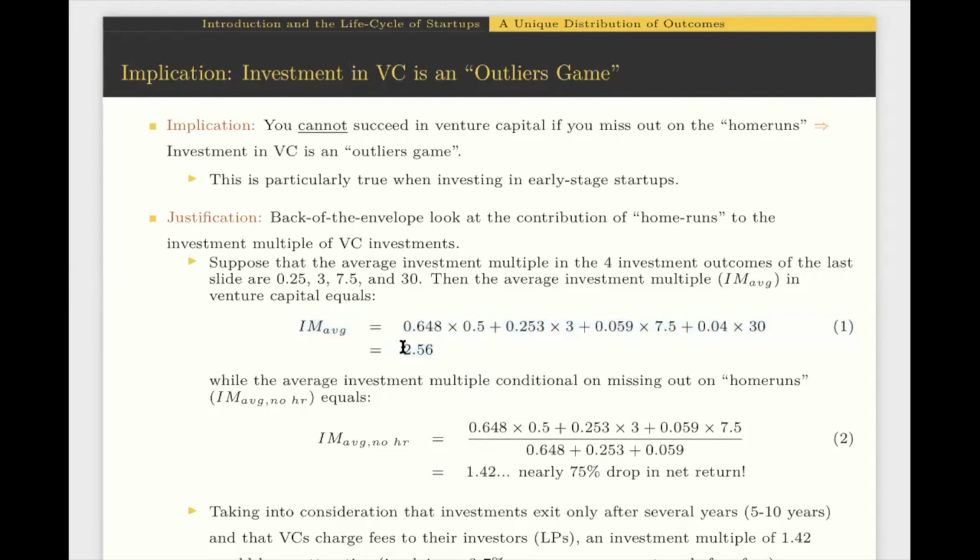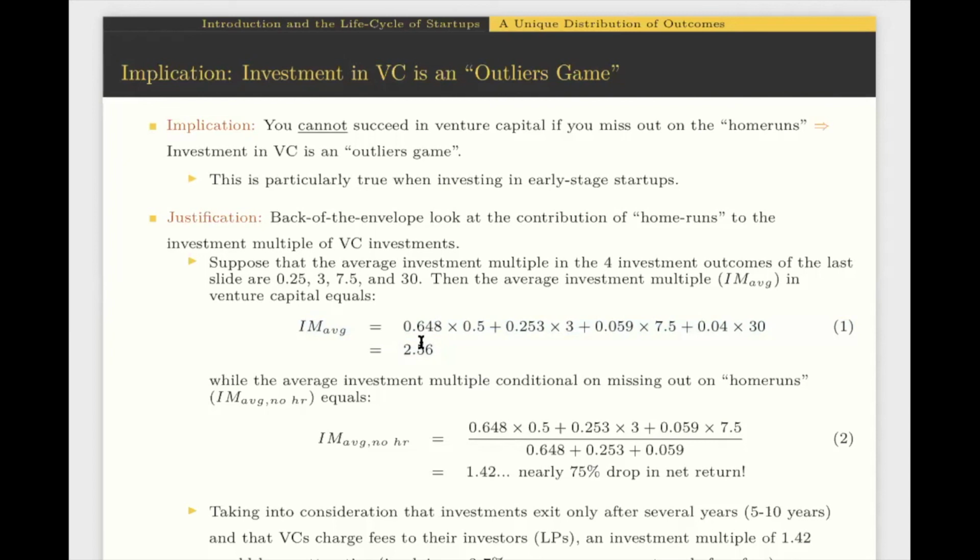That nets out to an investment multiple of 2.56. So on average in the VC sector, every dollar invested by VCs eventually returns $2.56.